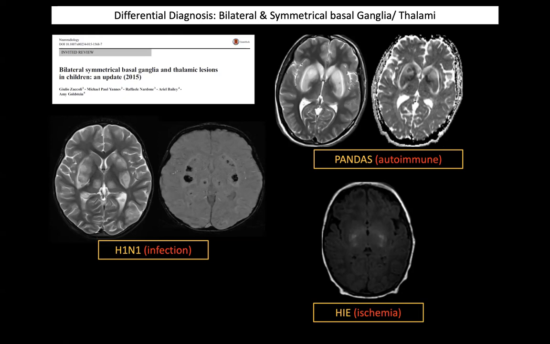But also post-inflammatory conditions. Some people believe in this entity called PANDAS, post-streptococcal, and ANEC associated with H1N1 or other infection can give you bilateral involvement of the basal ganglia. So remember that it's not all metabolic or mitochondrial or biotin thiamine responsive disease.